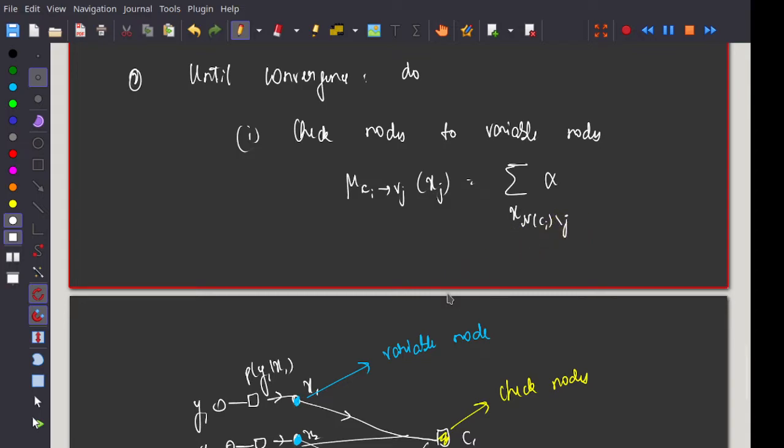So you want to marginalize with respect to everything that is not equal to j, over all the incoming messages. Correct?